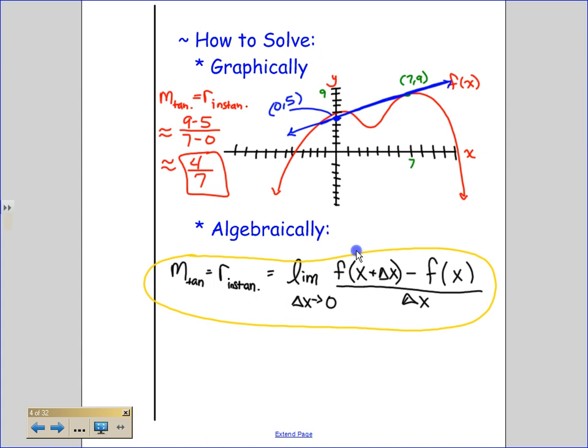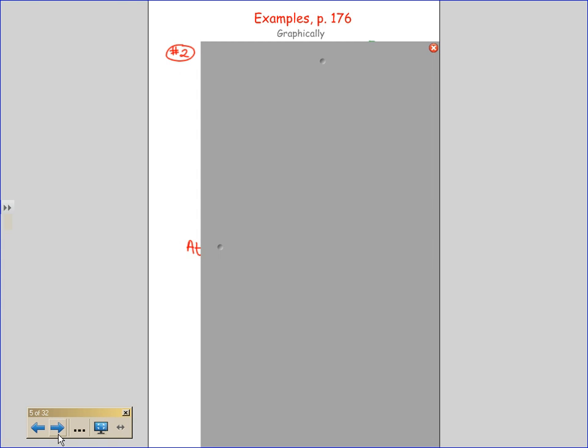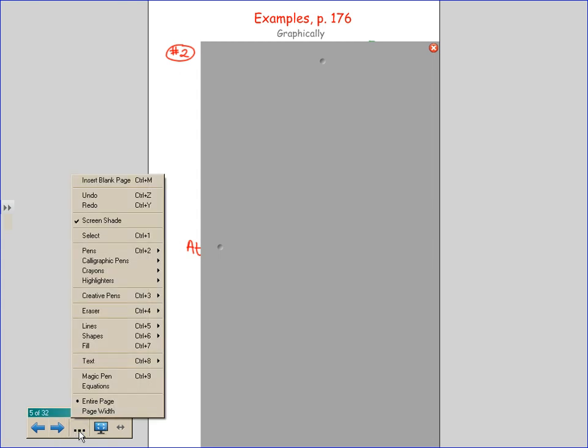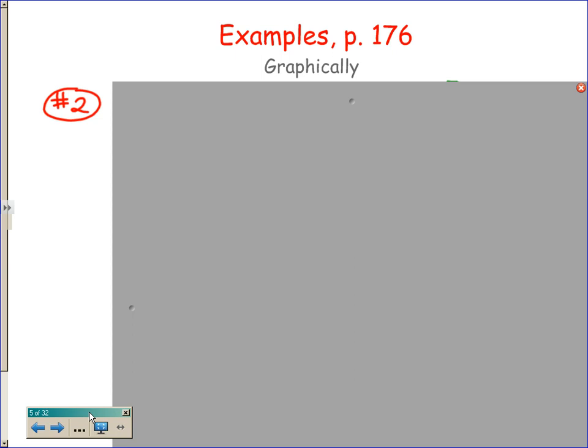Grab out your books, page 176. Sadly, this book I do not have an electronic version of, at least, I don't think there is one right now. New editions, maybe. Page 176. If you don't have a book on you, shimmy up with your desk next to someone who does.